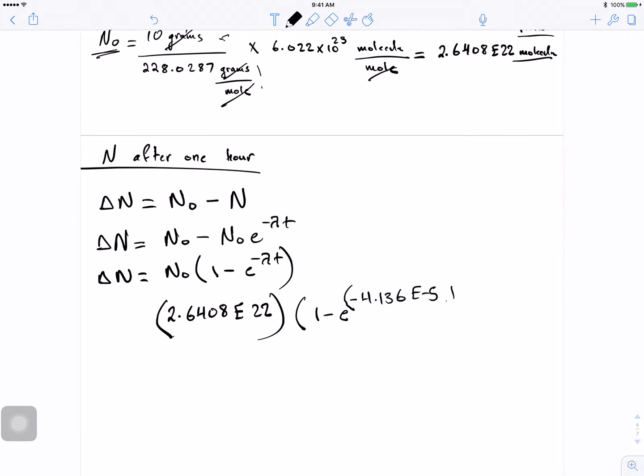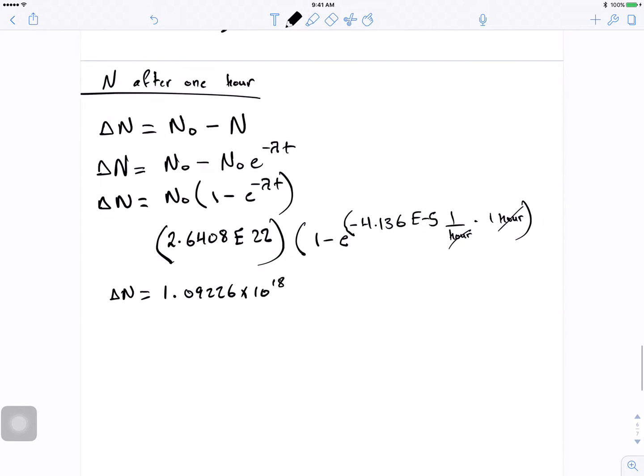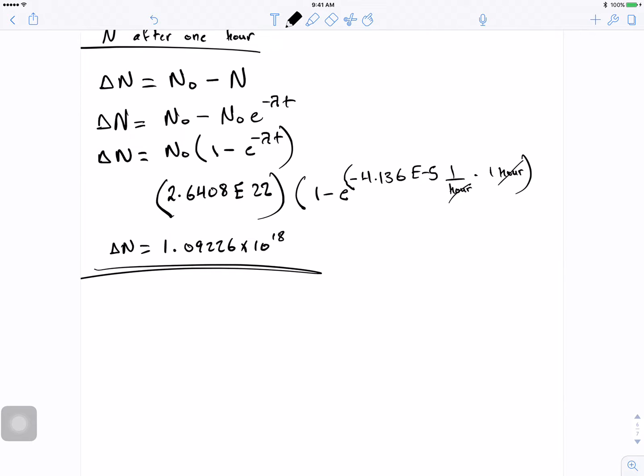So this is 1 divided by hour, the units of it, times 1 hour. So these cancel. So for delta N, I got 1.09226 times 10 to the 18. So that's how many particles we lost.